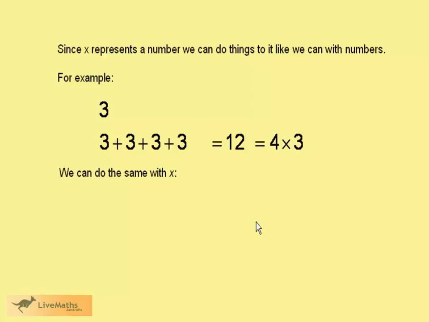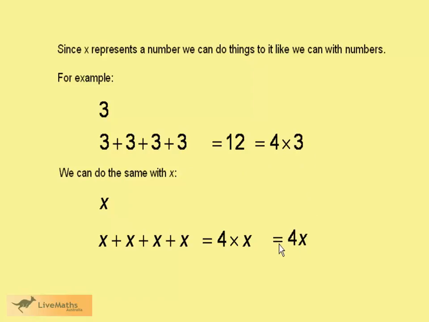We can do the same with x. Consider x. If we have x plus x plus x plus x, this is 4 times x, just like 3 plus 3 plus 3 plus 3 was 4 times 3.